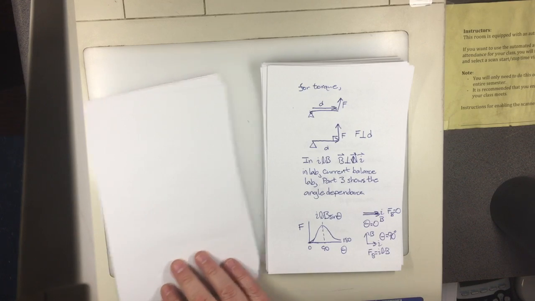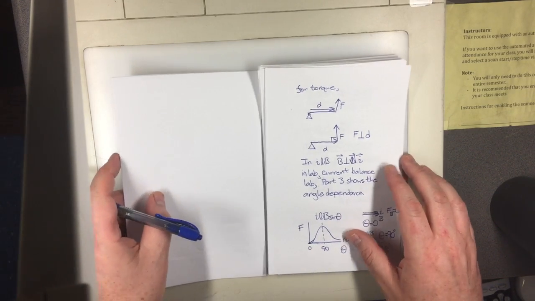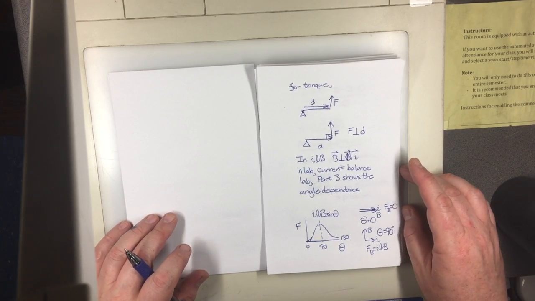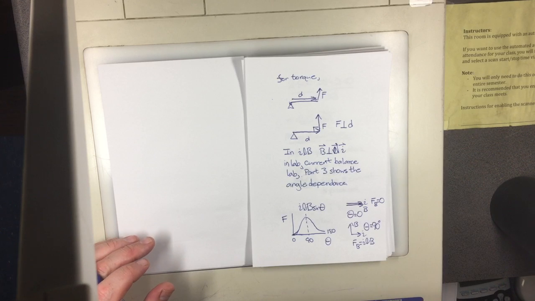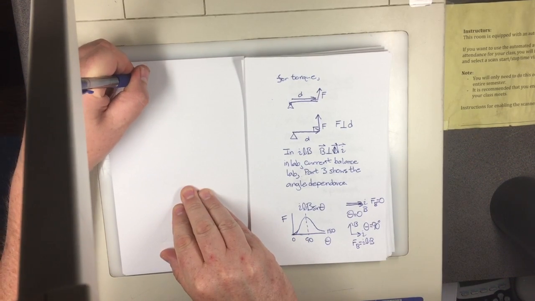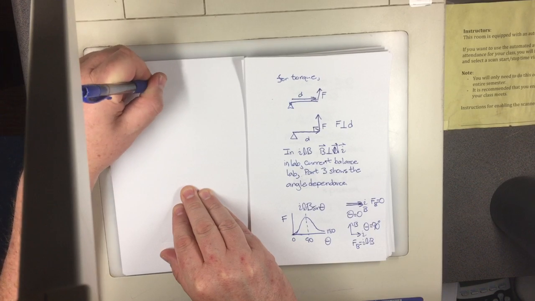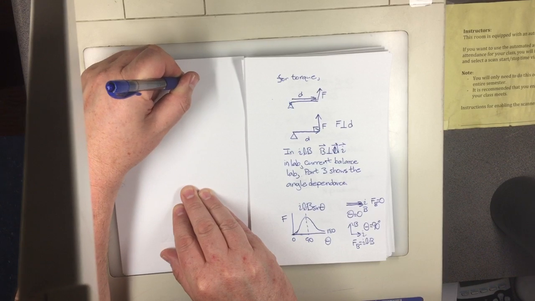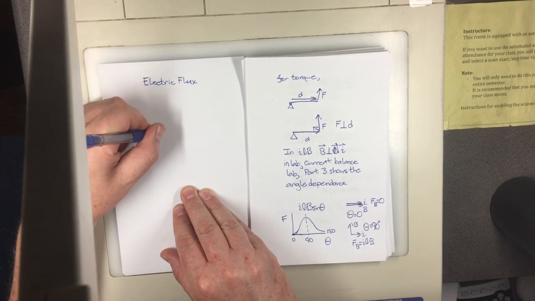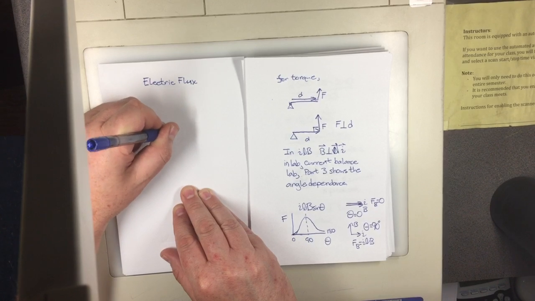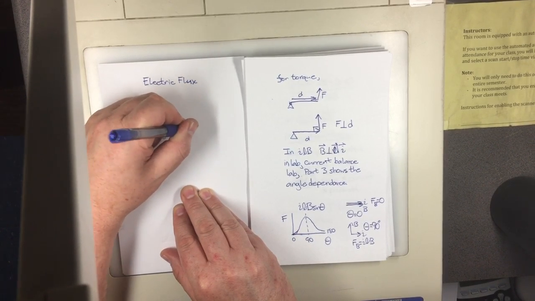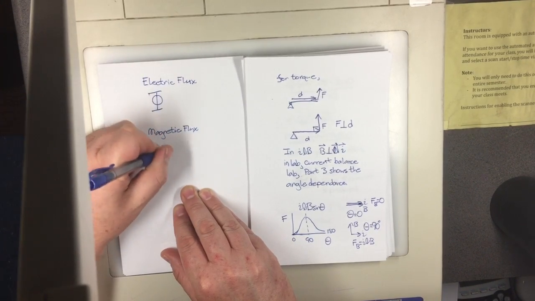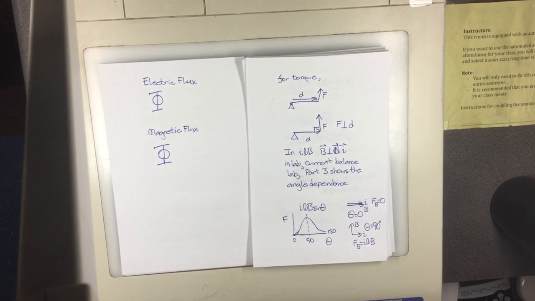Now, coming back to what we have here. There are a couple of words that we need to introduce, and we'll introduce both of them right now. There is something called electric flux, which we don't really use, but might as well get the terminology out. And then there is magnetic flux. For flux, they use capital Phi.